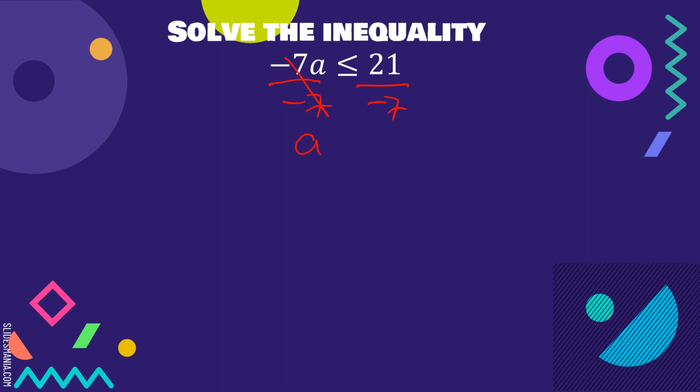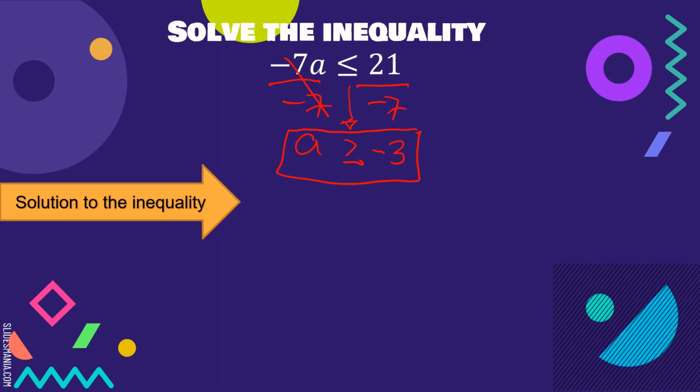Take note again, we are dividing both sides by a negative number, so the orientation of our inequality will be changed. From less than or equal to, it will become greater than or equal to. And then 21 divided by negative 7 is negative 3. So this is our solution to the inequality.